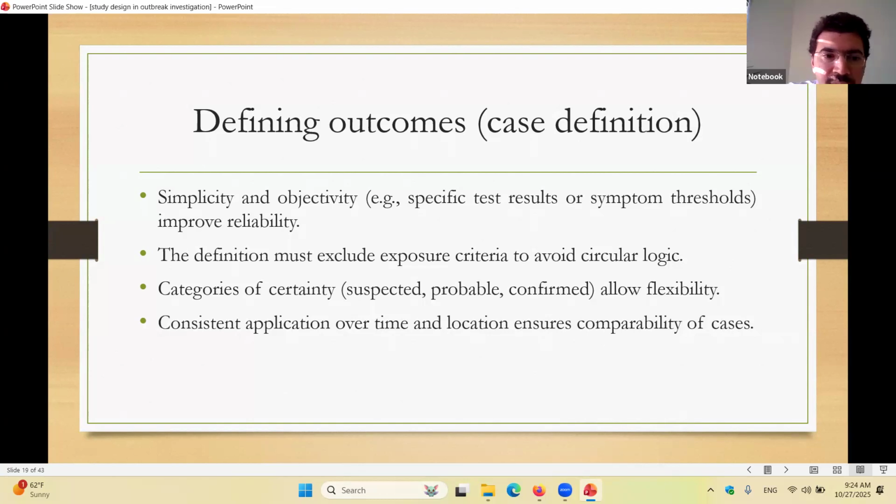And categories of certainty, suspected, probable, and confirmed allow flexibility. So the cases can fall into these categories: suspected cases, probable cases, and confirmed cases. Consistent application over time and location ensures comparability of cases.